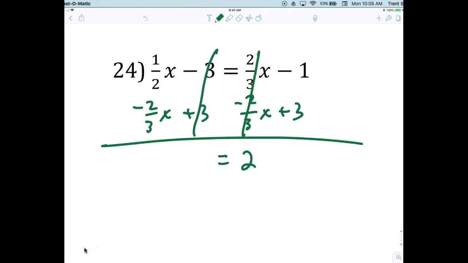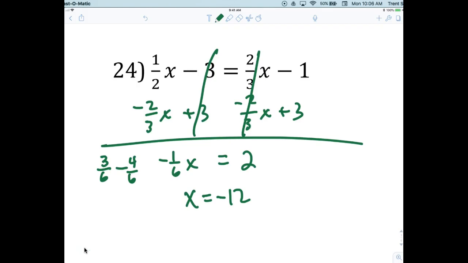So 1/2 is how many 6s? 3/6 minus what? 4/6. Which is what? -1/6x. Is everybody good with that? And now we multiply by -6, so x equals -12.